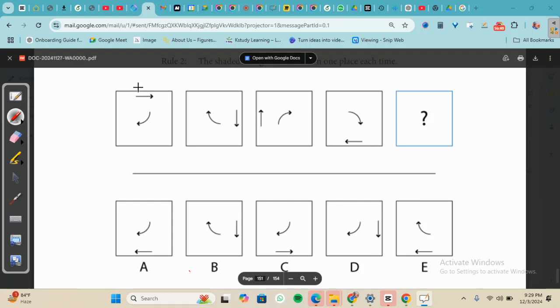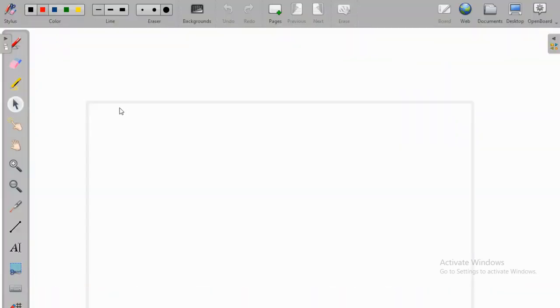Wow, interesting. Now let's look at this together. So I notice that this arrow is at the top. Now it is at the right hand side. Now it should be at the bottom, like this. Then it's going to face downward. Then this arrow is going to face left. No, no, no. Why am I having the same thing here?